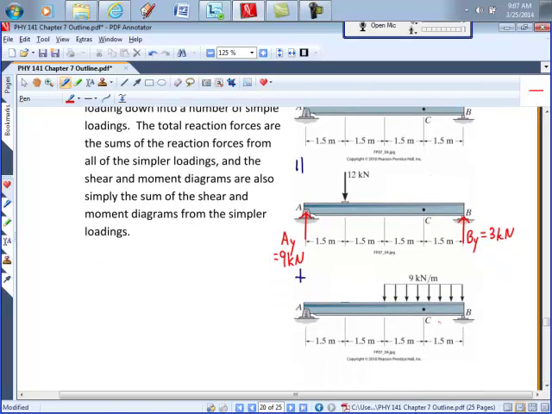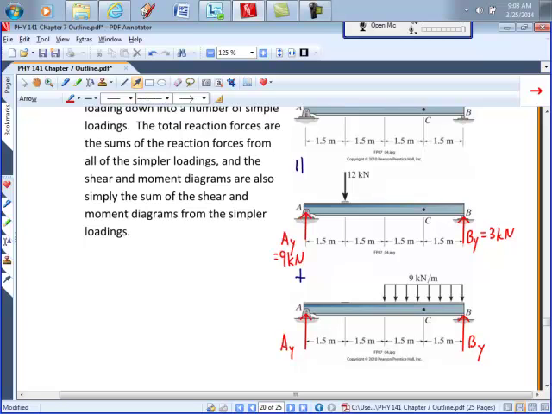Okay. Then we're going to go to the beam. Same beam, but it only has this distributed load on it. If it only has that distributed load on it, how are we going to figure out the support reactions? What's the first thing we're going to want to do?